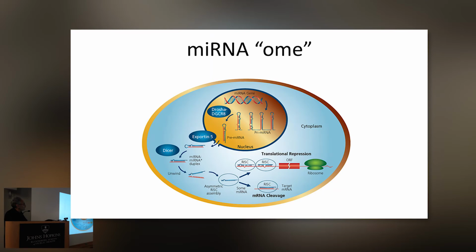Now, the other level of control of gene expression is after transcription through microRNAs. So microRNAs are encoded from the DNA, and they are processed via proteins such as Drosha and Dicer.